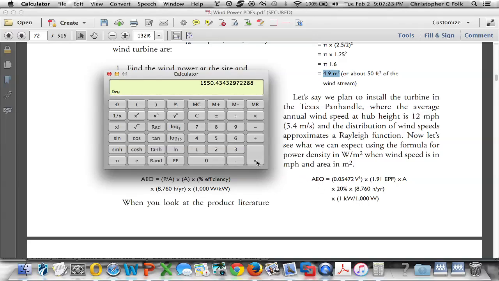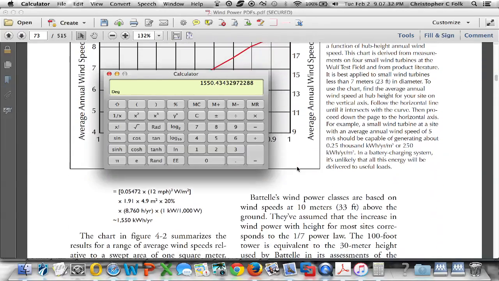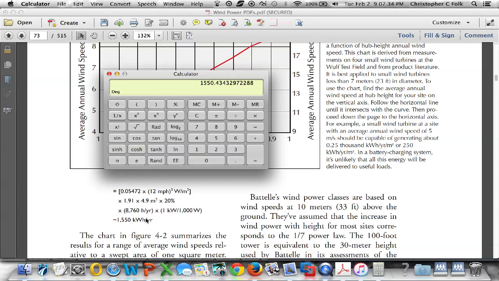When I hit equals, I come up with 1,550 kilowatt hours per year. And sure enough, that's the same thing it shows me right here.